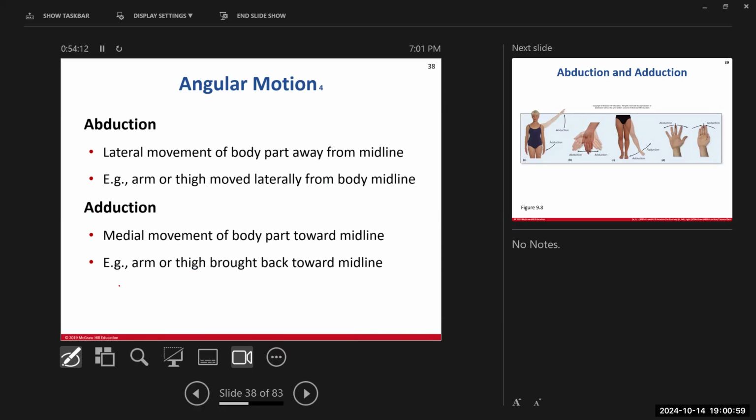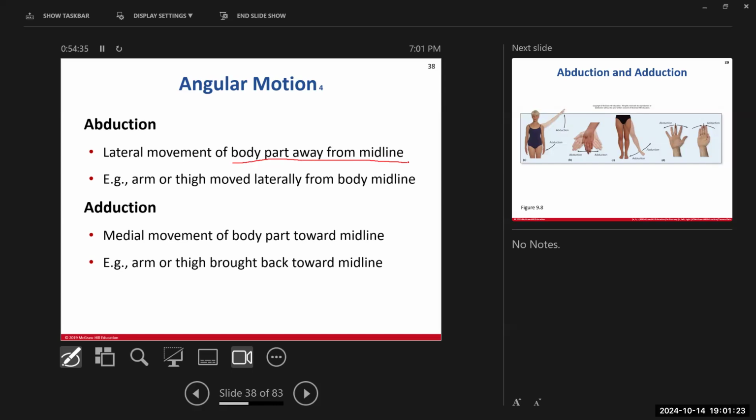There you go. They get taken away, right? That's what abduction is. So when we think about abduction, we're going to move something away. So we're going to move whatever body part we're talking about away from the midline. What's the midline? Your axial skeleton, your spine, the center of your body, right?